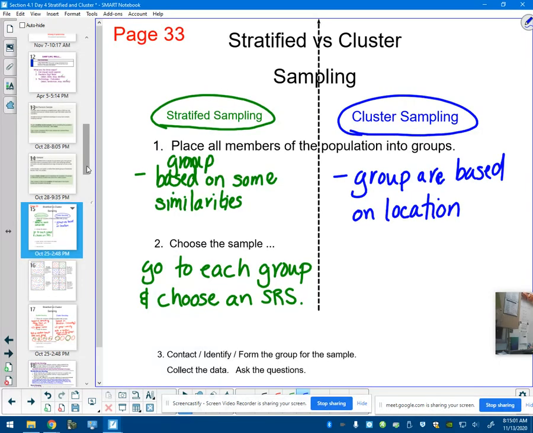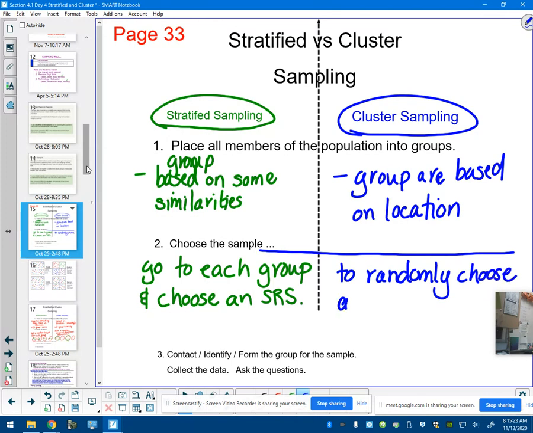Instead of visiting each of the groups that you have made, you're going to put the names of the groups in the hat, and you're going to just go visit a couple entire groups. So to choose the sample for cluster, you're going to randomly choose a couple of entire groups.